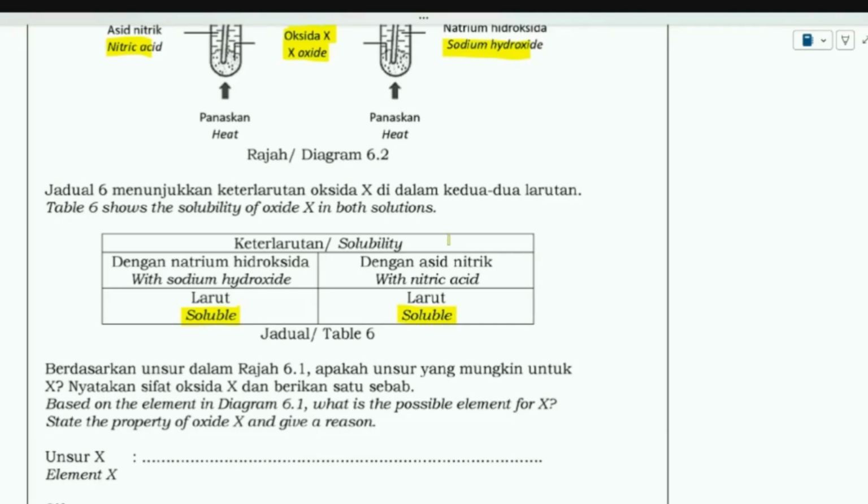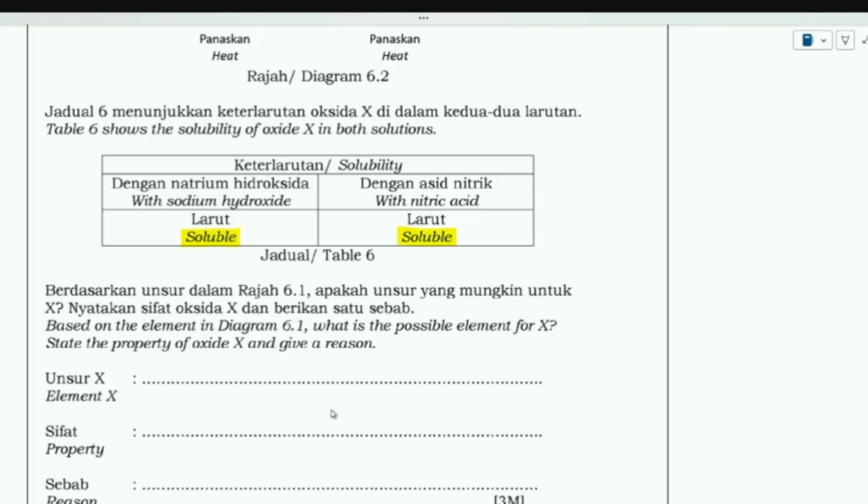What does that mean? What is the inference? What is the property of oxide X if it reacts with both? Amphoteric. Correct. Remember the spelling, don't spell it wrong. Amphoteric. So state the property. What is the element X? Aluminium. Property amphoteric.